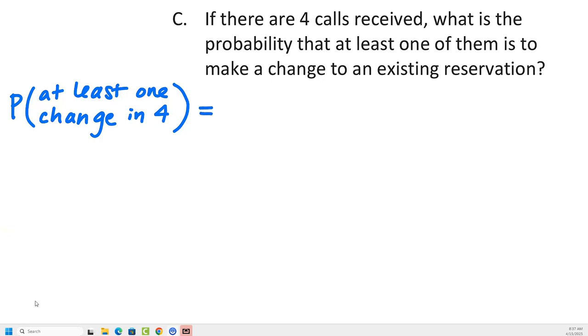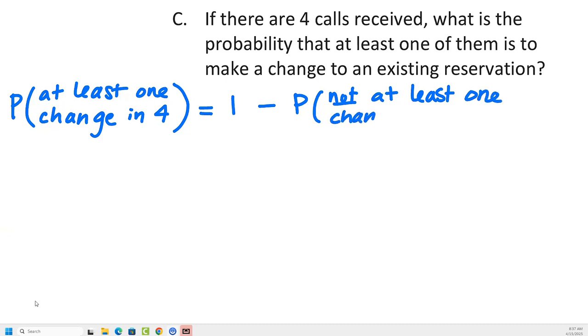So we know that that's the same as 1 minus the probability of not at least one change in 4. Now I'm not going to keep writing the not because I think that we'll just get to where we don't need to. So not at least one change in 4, because we just need to get to the point where we just know it's 1 minus the probability of none.